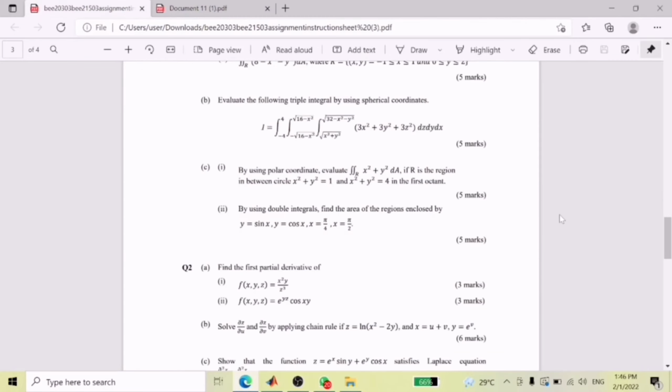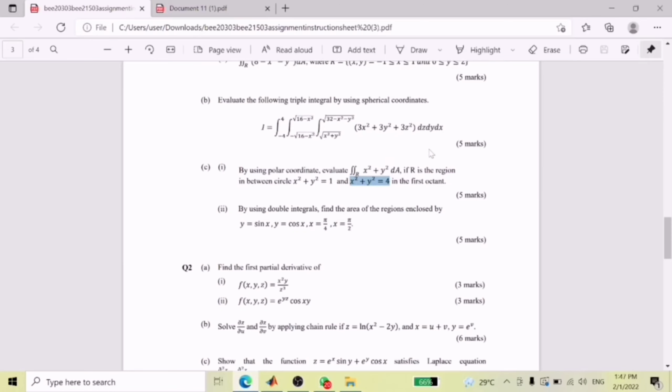So, for C1 Roman, this is the question, and the question gives a region in between circle this and this.